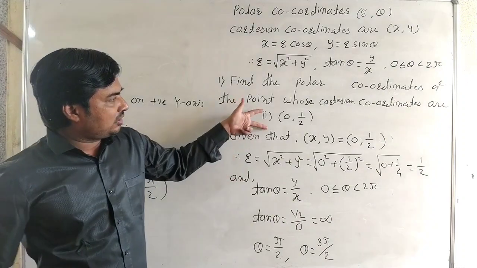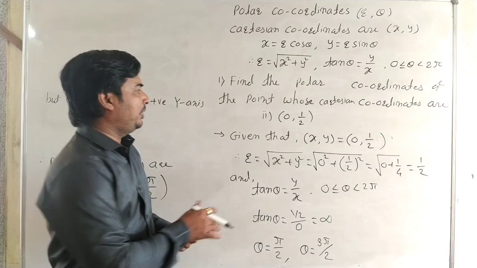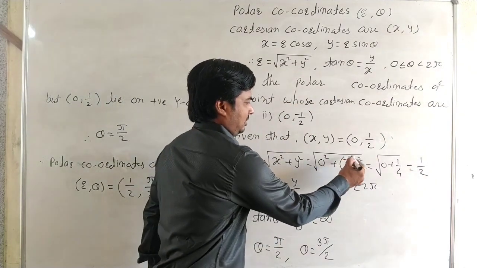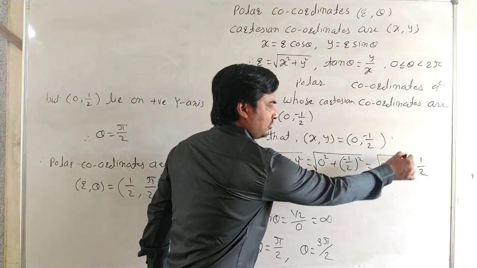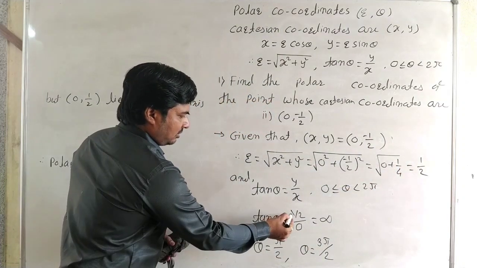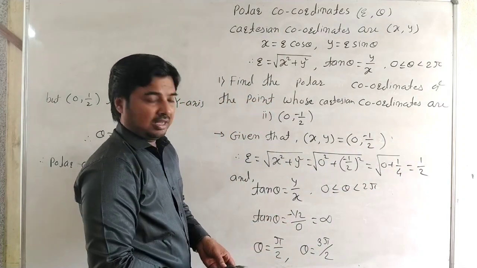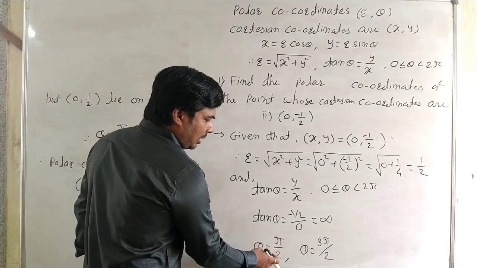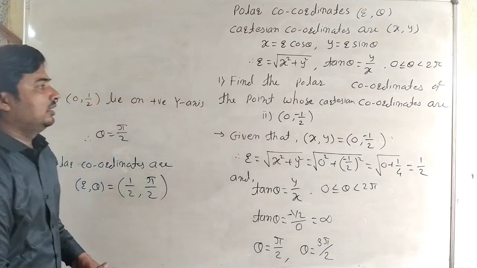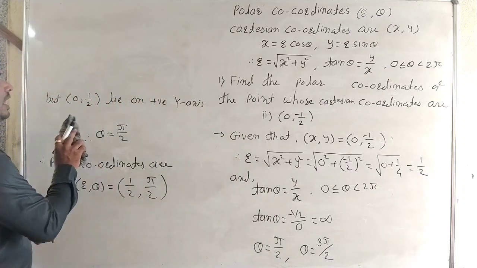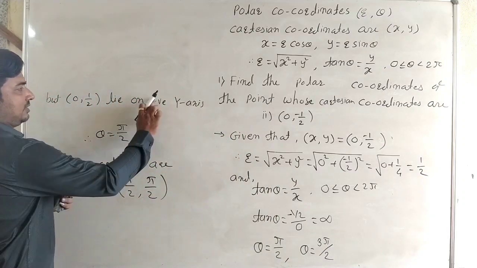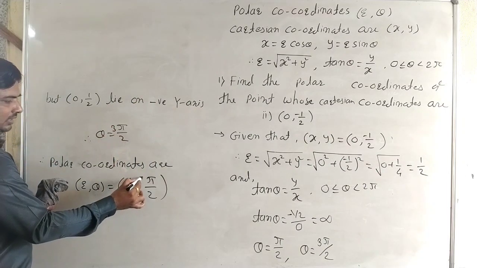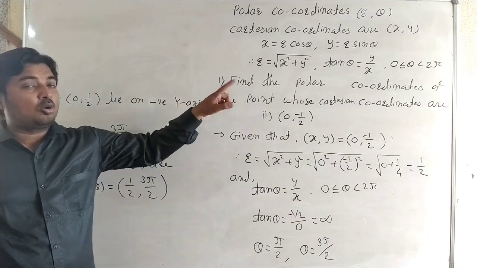This is the question in the textbook. When the y value is negative, then it is again 1 by 2. Now here it is a minus. Again here it is infinity, that means pi by 2 or 3 pi by 2. Now this point lies on the negative y axis, so here it is 3 pi by 2.